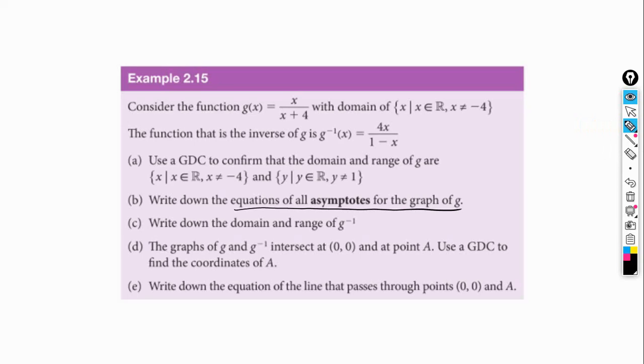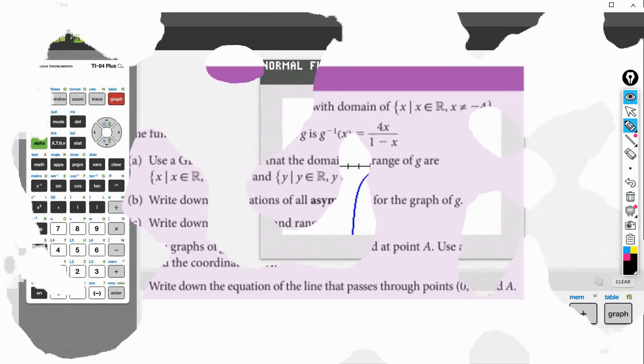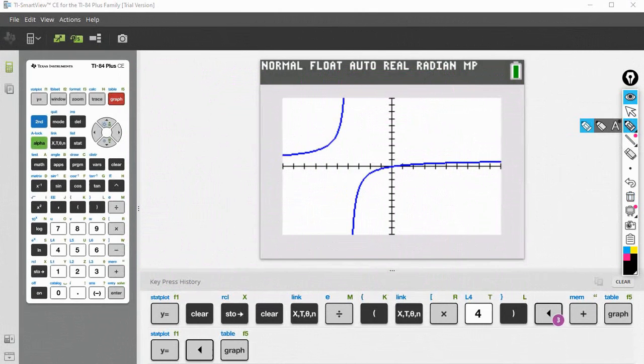So let's go back to the graphing display calculator. Just a while ago, we drew a vertical line that went through x equals -4. So this line is x equals -4. And then a horizontal line that went through y equals 1. Well, those lines that the graph will never touch are called asymptotes.